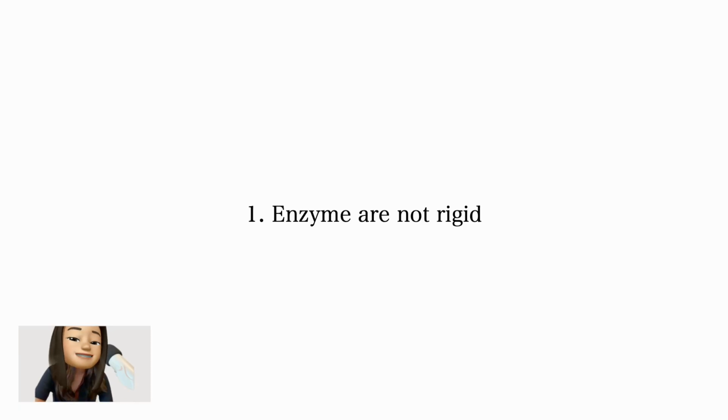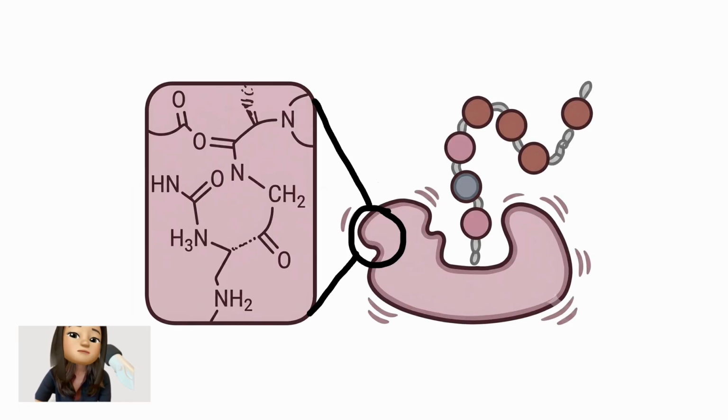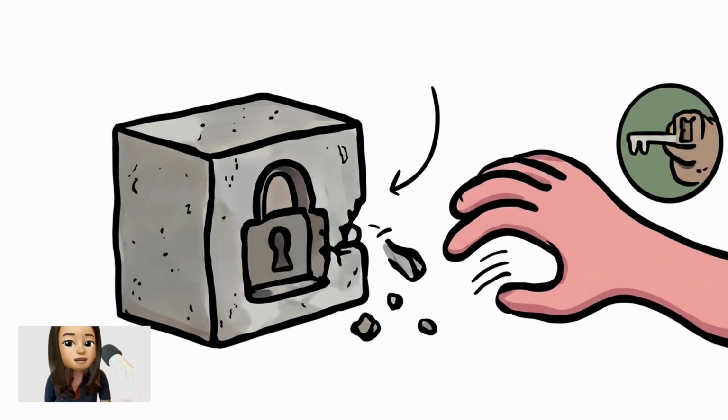Chapter 1. Enzymes aren't rigid. Here's the first thing to reset in your mind. Enzymes are proteins, and proteins are not rigid blocks. At body temperature, they constantly wiggle, they change into slightly different shapes. So the active site isn't a perfect carved mold waiting for one substrate to come and fit right into it.